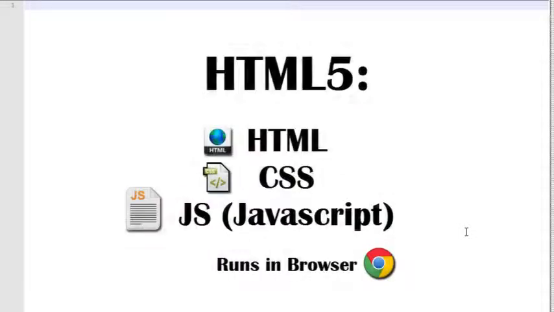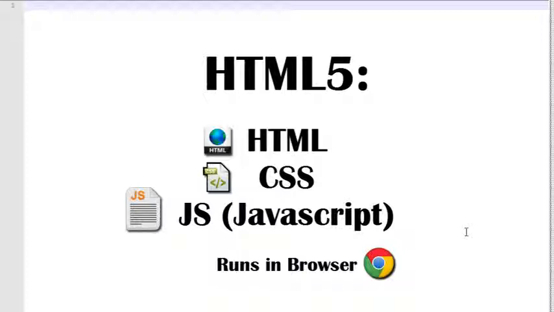Before I get started with the code, it will be important to know what HTML5 is exactly. So HTML5 is a mix of three different languages. The first one is HTML, and then there's CSS, and finally JavaScript. So the role of HTML in this trio is to tell the browser, for example Google Chrome, what element to display on the page.